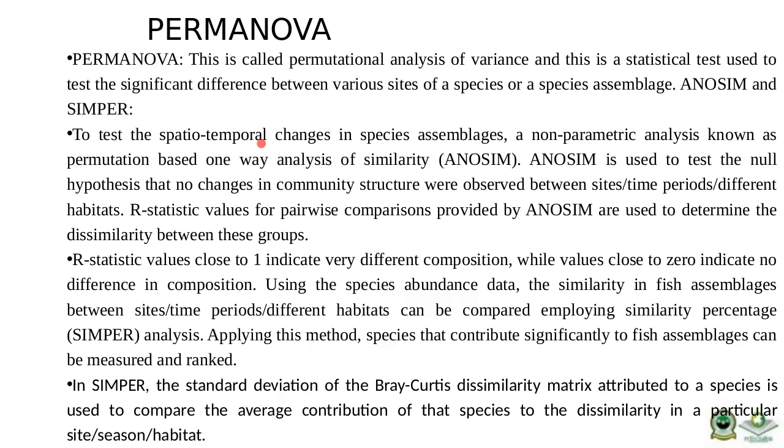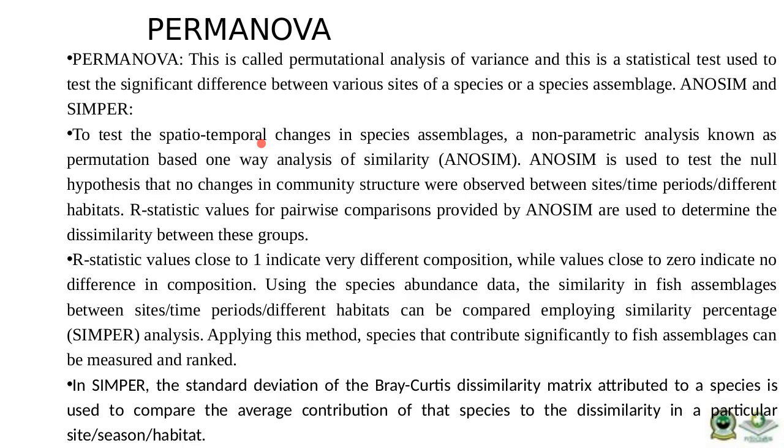ANOSIM is a non-parametric, permutation-based one-way analysis of similarity. ANOSIM is used to test the hypothesis that no changes in community structure were observed between sites, time periods, or different habitats. The R statistic value for pairwise comparisons provided by ANOSIM is used to determine dissimilarities between these groups.